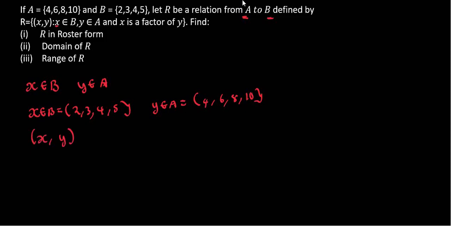So what is X? It is B, because X is a member of B. And what is Y? It is A. So those are the differences that we need to face.